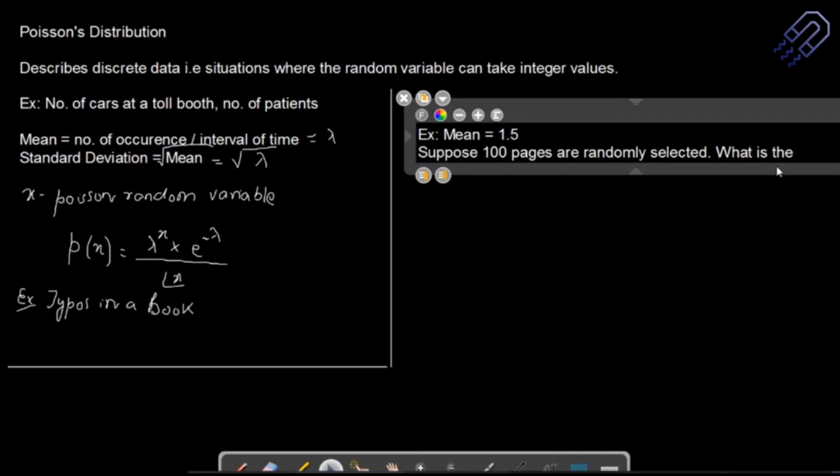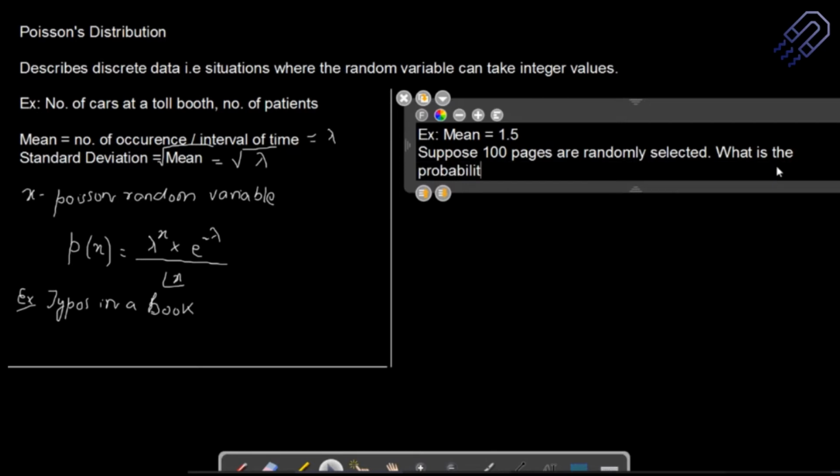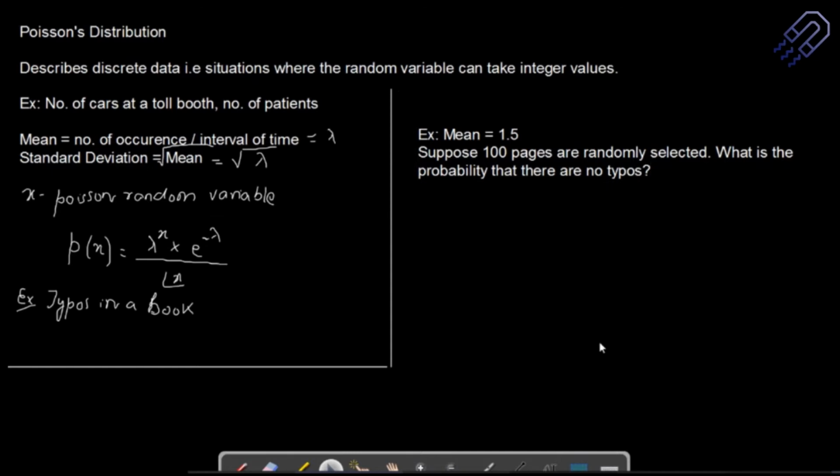What is the probability that there are no typos? I hope you understand what a typo is. It means there are typing errors. If 100 pages are randomly selected, what is the probability that there won't be any kind of errors in typing? That is what the question is all about.